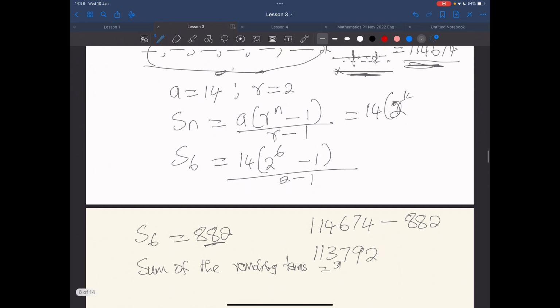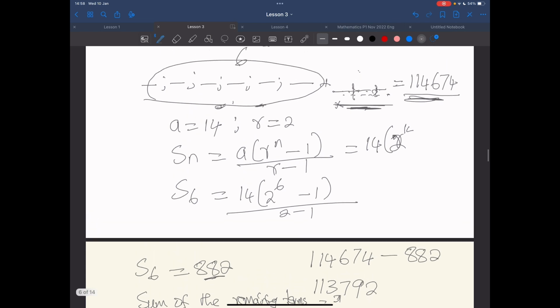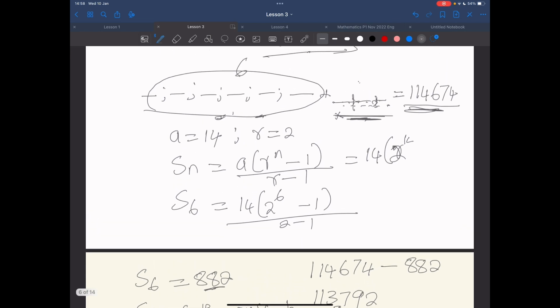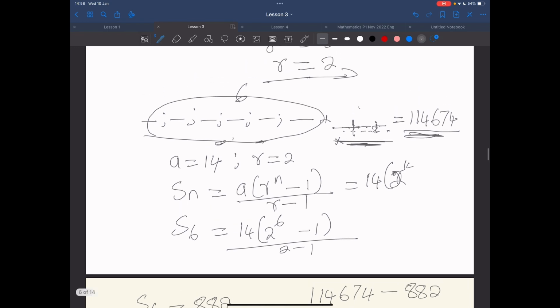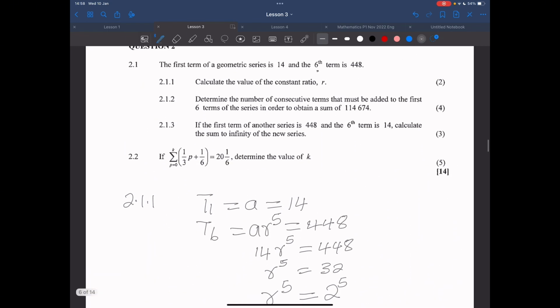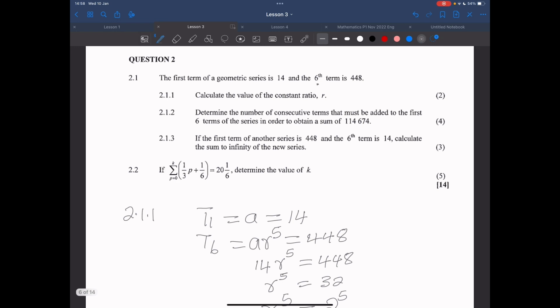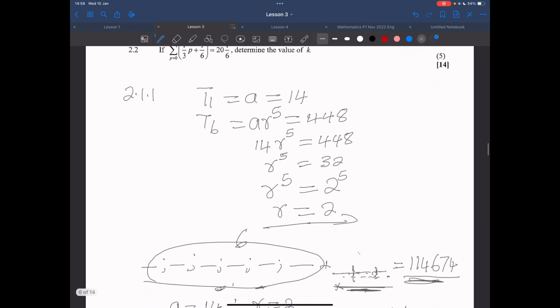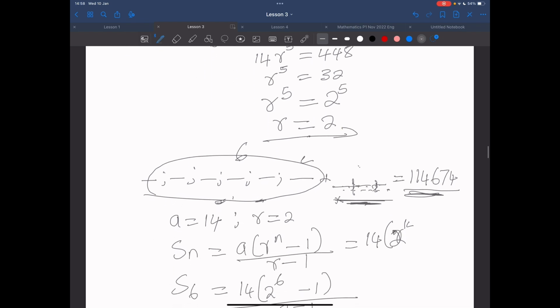All right, now let's look at the remaining terms. Let's get term number 1. We were given that the 6th term is 448. So this 448 is term number 6. To get to the next term, we just multiply by the common ratio.